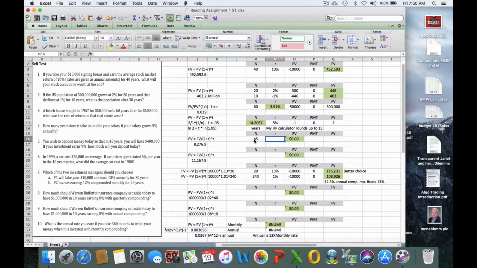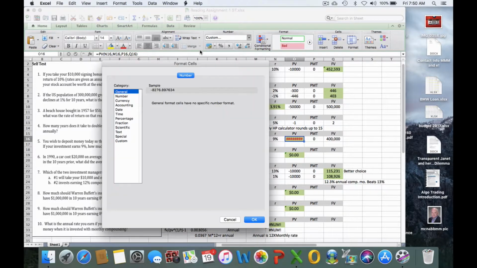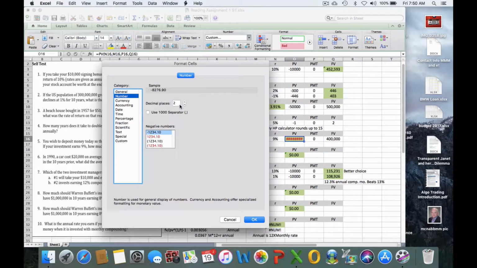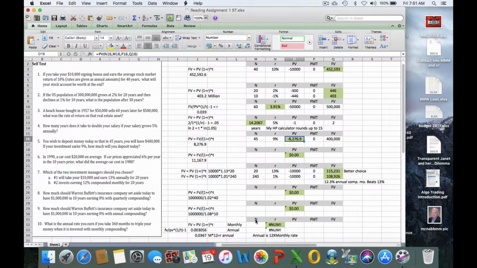R, we said, was 9%. And we're trying to reach, what, 400,000 at the end. I guess we need to format this a little better. And same answer as the formula.